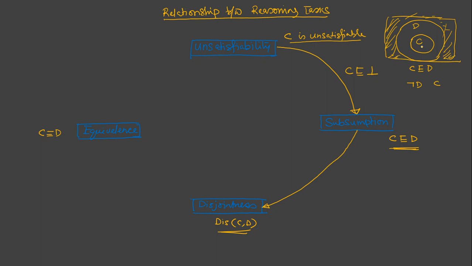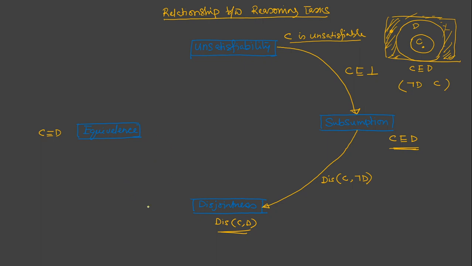And you see that there is no common element between the complement of D and C. So we can safely say that these two are disjoint. So we can map this subsumption to a disjointness problem by saying that C and not D are disjoint with each other.